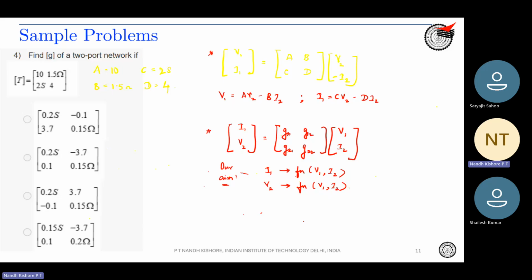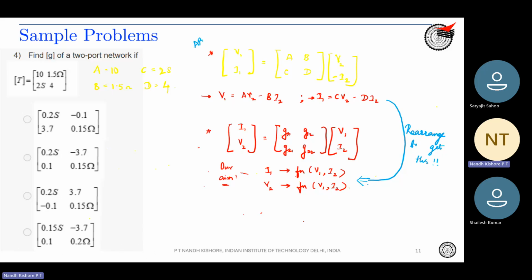Right now you have this expression and this expression. So rearrange the terms of these expressions such that you get to this. The entire question is to rearrange these two equations to this. That's it. If you do this, you get the answer.